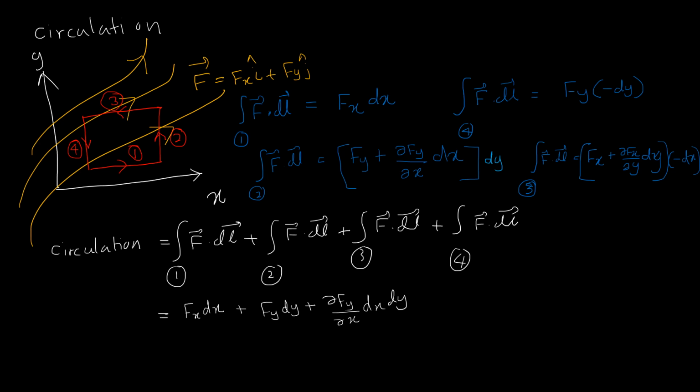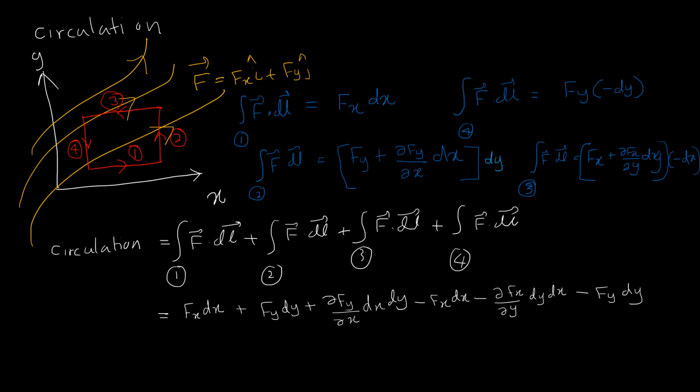Along path 3, it is going to be minus Fx dx minus ∂Fx/∂y dy dx, and along path 4 it is going to be minus Fy dy.